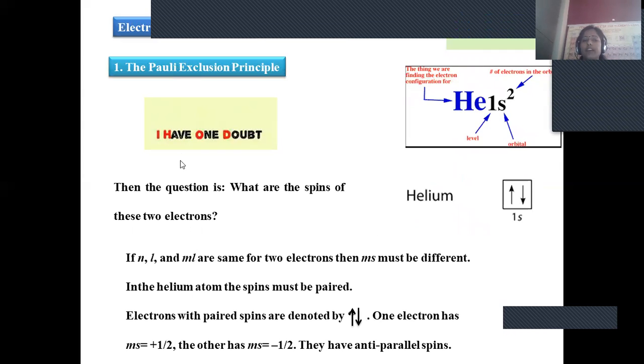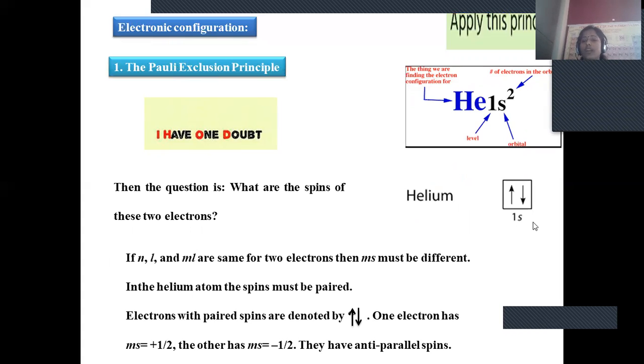Now, let us apply it to helium, where 2 electrons are present. Helium's electronic configuration is represented with electrons filled in this manner. One is clockwise and the other is anti-clockwise rotation. Now let us apply the quantum numbers. N value. What is the N value? Main shell. Only the first main shell.